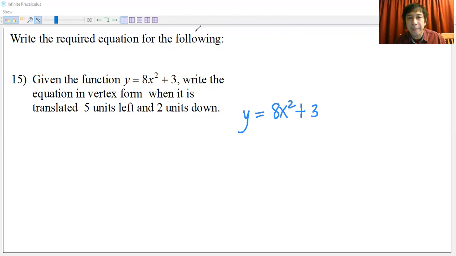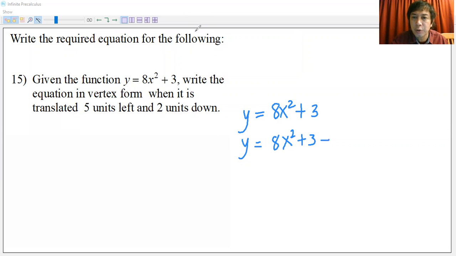Now, write the equation in vertex form when it is translated 5 units left and 2 units down. So 2 units down means you subtract 2. So this will be like this, 8x squared plus 3.